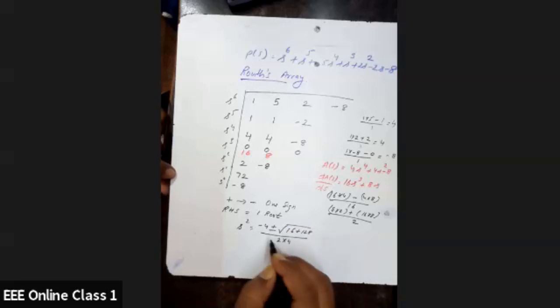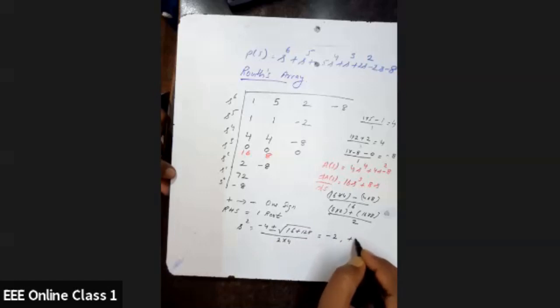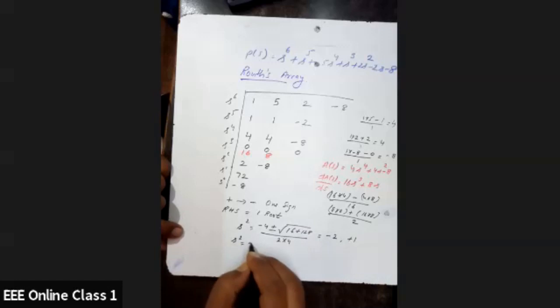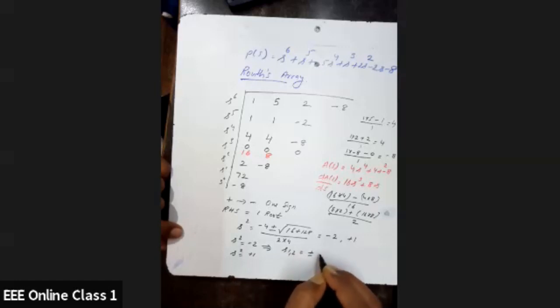So when we solve this, we will get 2 roots, that is minus 2 and plus 1. So s square is minus 2, s square is plus 1. So from this, it implies that we have 2 roots, that is plus minus j root 2.